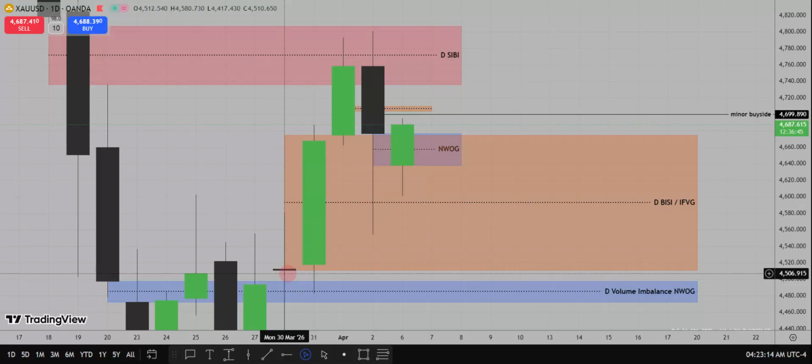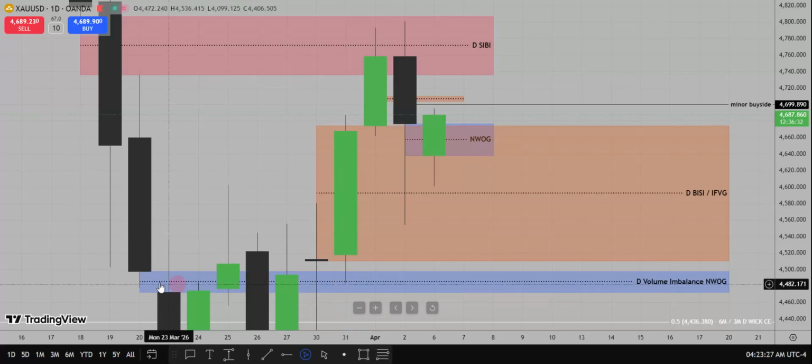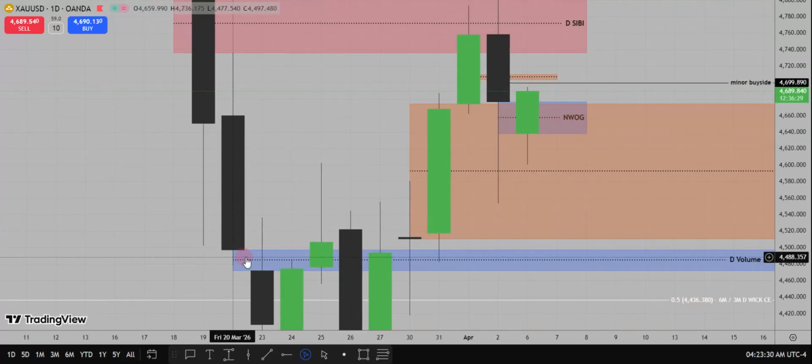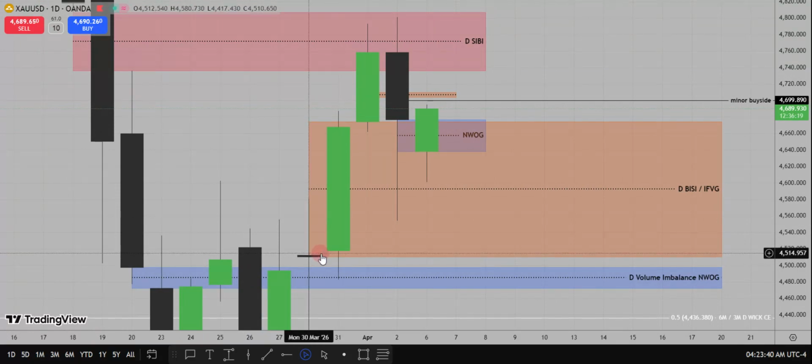And the candle the next day, on Tuesday, 31st March 2026, was pushed higher from the consequent encroachment of this volume imbalance here. There's a daily volume imbalance. That means this is a new week opening gap. See that outline there? So you're gonna wanna include the volume imbalance when you are drawing these fair value gaps. Now in this case, the buy side imbalance, sell side inefficiency. So you have that outline there.